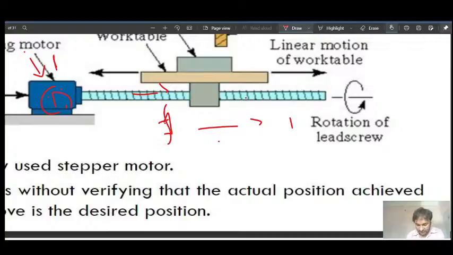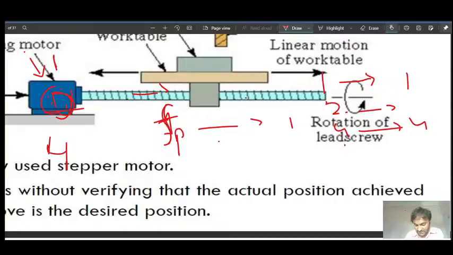So if suppose f pulses are supplied, it will move, or motor will turn, but how many turns? Take it as example, if there are four step angles, correct. So in one pulse, motor will move one step, two pulse, two step, four pulse, four step, okay, and eight pulses, eight step.